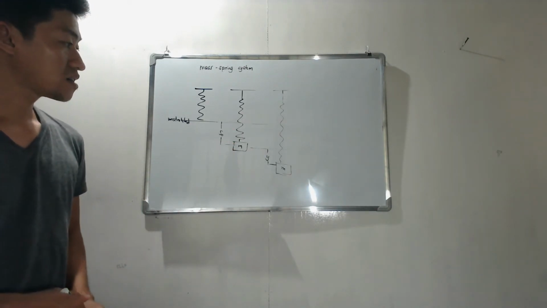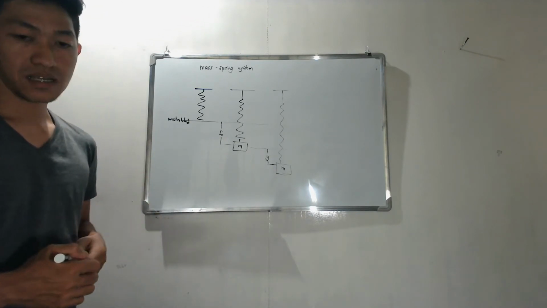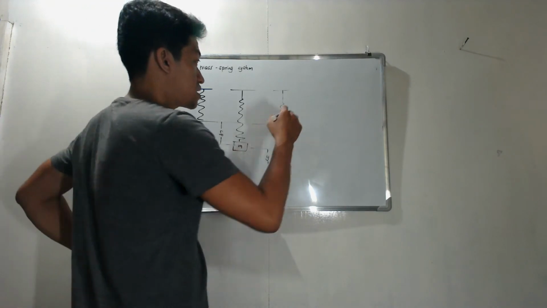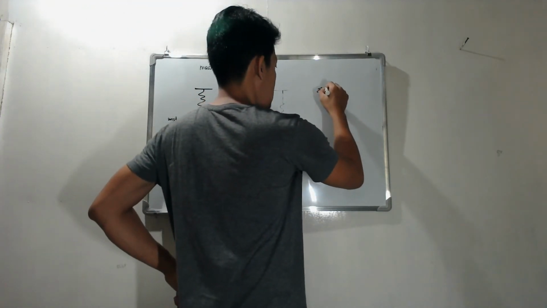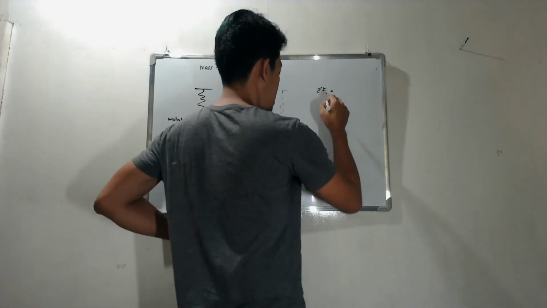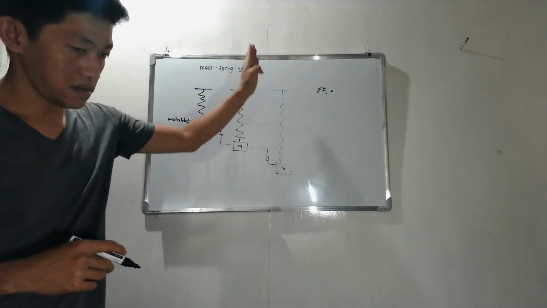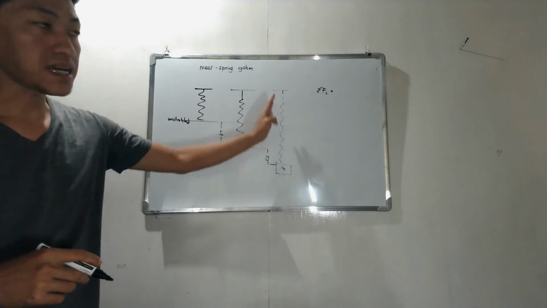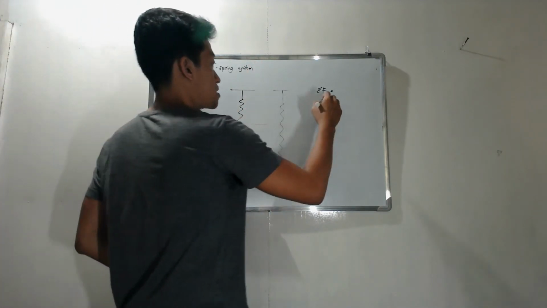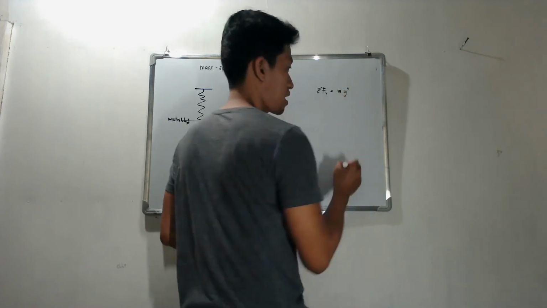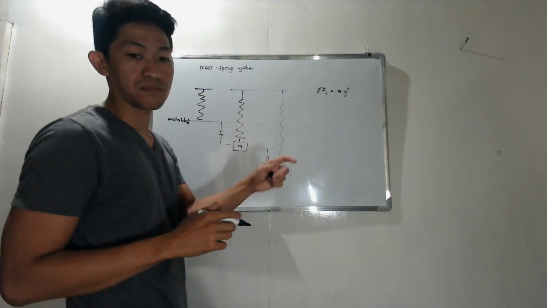We analyze this one by applying Newton's second law of motion. It states that the summation of forces along the vertical, we assume that the mass travels vertically, is equal to mass times acceleration, or y double prime.